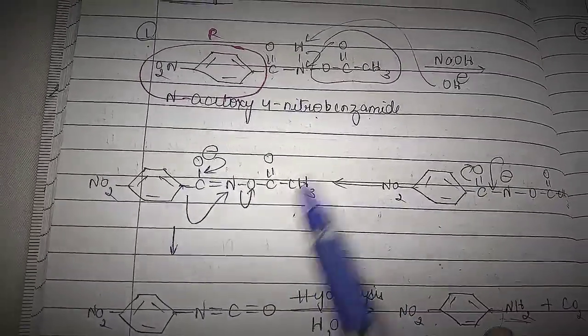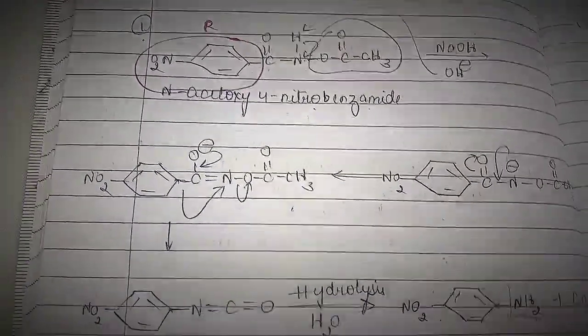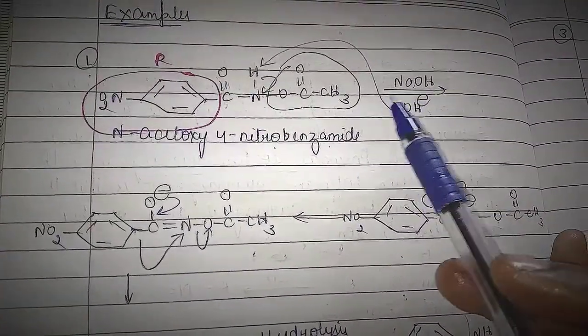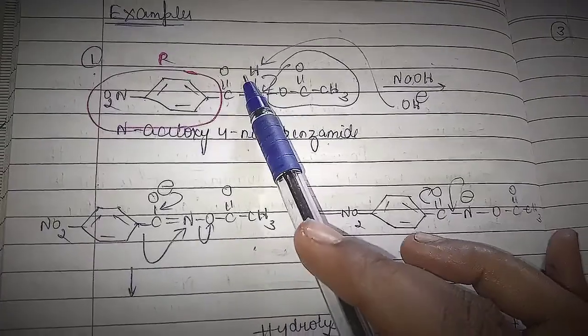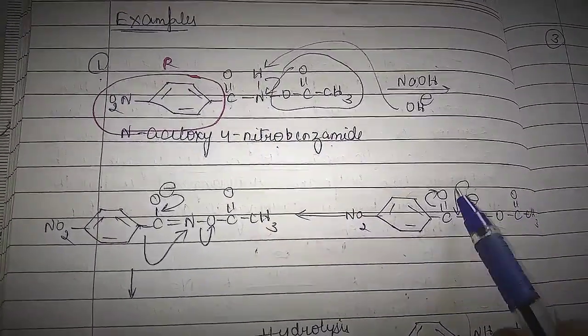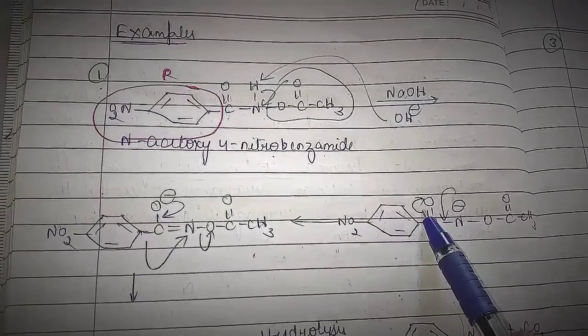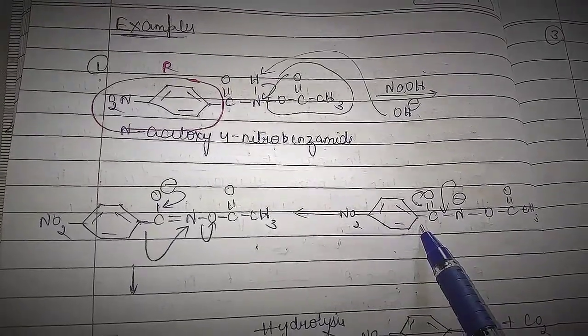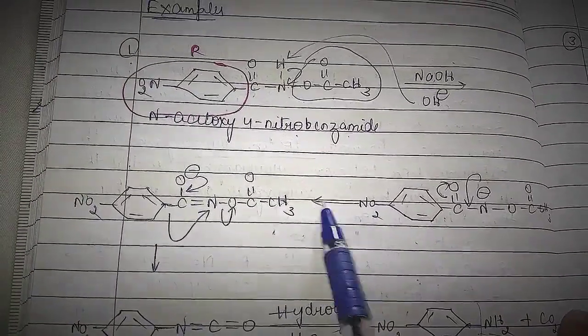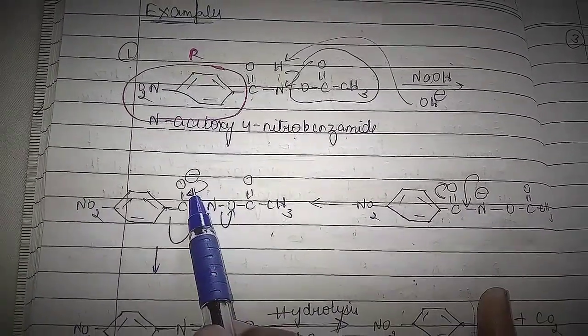And the mechanism, as we have seen earlier, is that at first the base abstracts the proton to form a negative charge, which gives a bond. Here the delocalization occurs, and next the back bonding takes place.